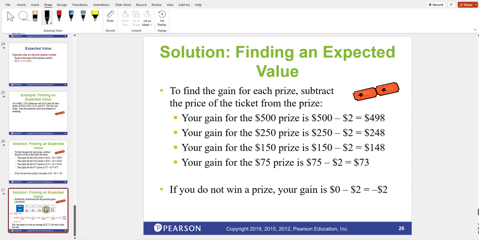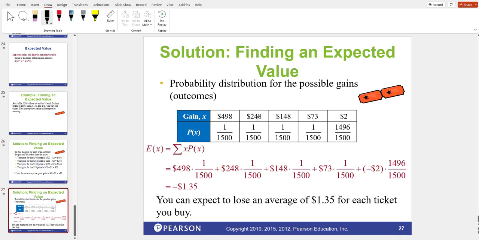So we can make this into a probability distribution. The chance of you winning that $500 prize is 1 out of 1,500 because they sold 1,500 tickets. The same for the $250 prize. The chance of you winning that is 1 out of 1,500.